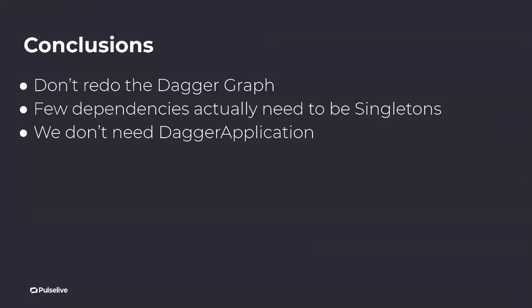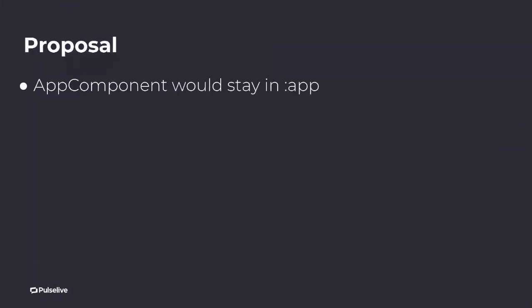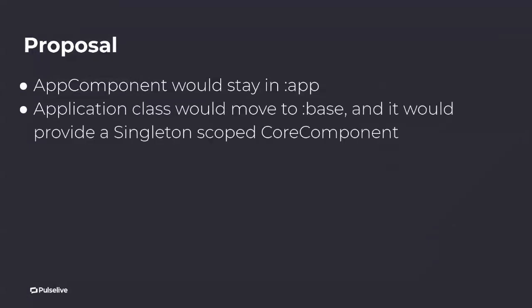So what we proposed was that we'd leave the app component in app, that this nasty app component that knows about far too much can stay in this monolith app module. We'd move the application class to base, and it would create a new singleton scoped core component. So the couple of things that actually needed to be singletons would be created by this core component.